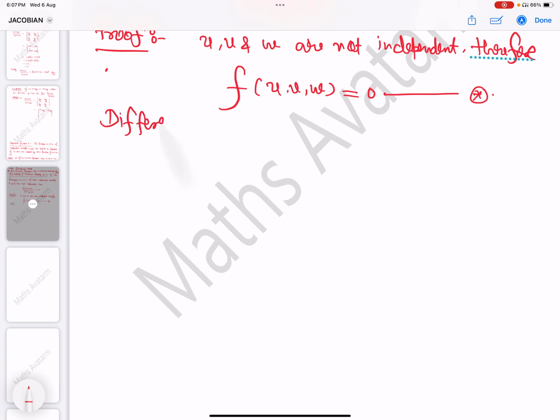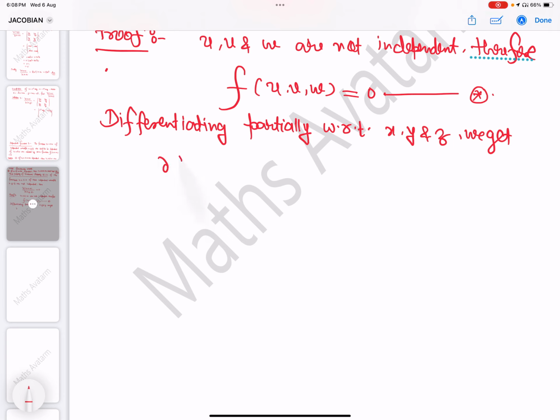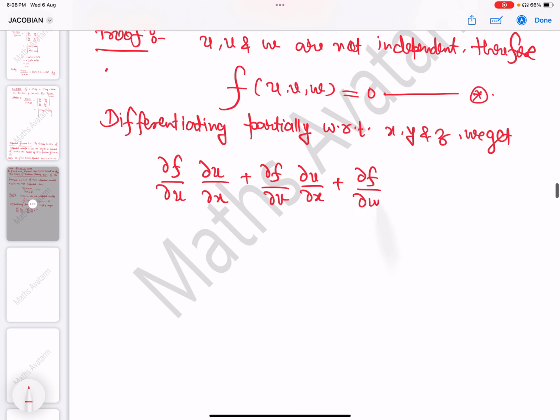Differentiating partially with respect to x, y, and z, we get, if we are differentiating partially with respect to x, del f upon del x. By using chain rule, we get del f upon del u times del u upon del x plus del f upon del v times del v upon del x plus del f upon del w times del w upon del x is equal to 0.